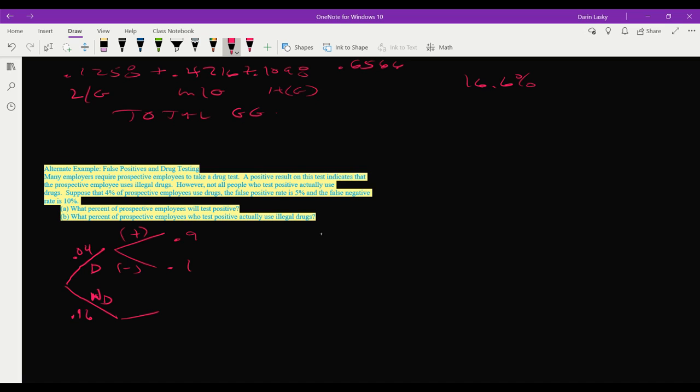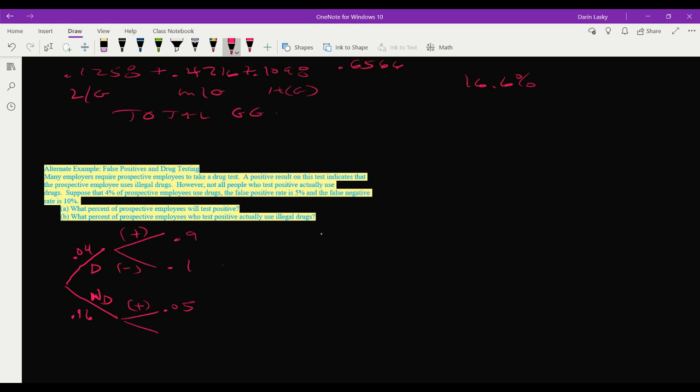Well, now, if you go the other direction and you say, okay, I don't use drugs as a prospective employee, they're going to get a false positive of 0.05. Okay? This is a false negative.